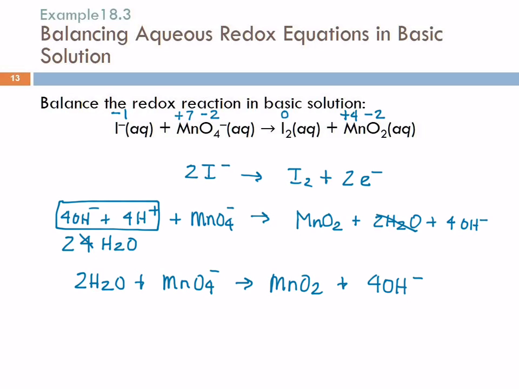So I need 3 electrons over here. I need to adjust my coefficients so that I have the same number of electrons here and here. Right now I have 2 and 3.